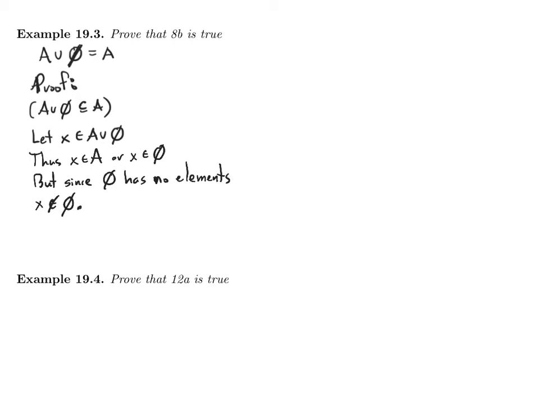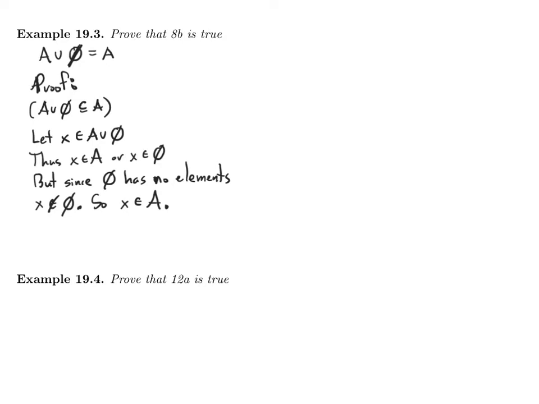Nothing can. So that means that X must be an element of A. So we have that A union the empty set is indeed a subset of A. I took an element from the left-hand side and showed it was in the right-hand side.